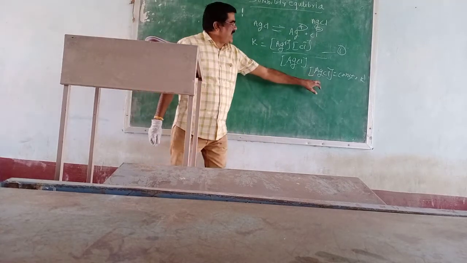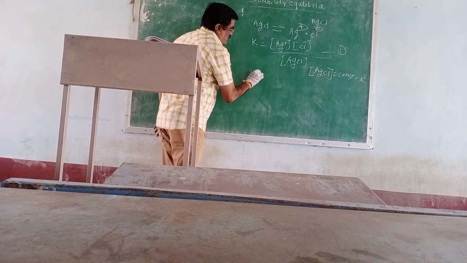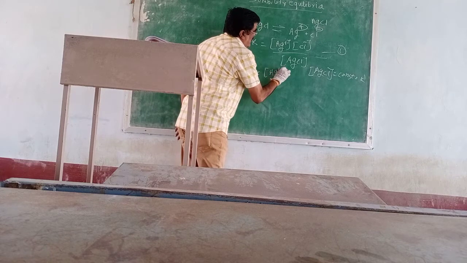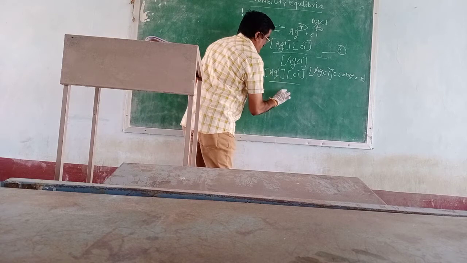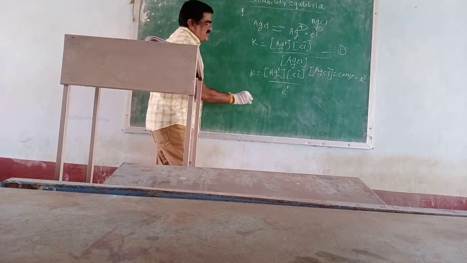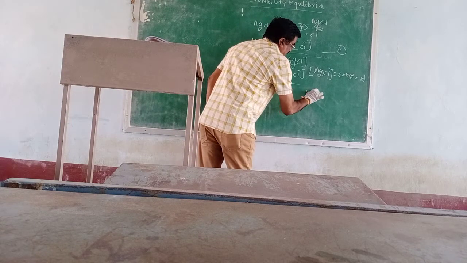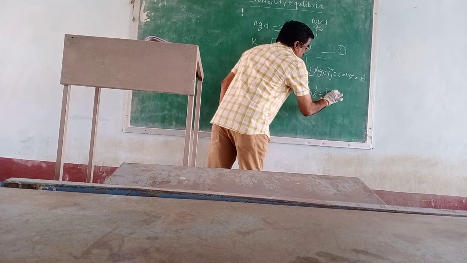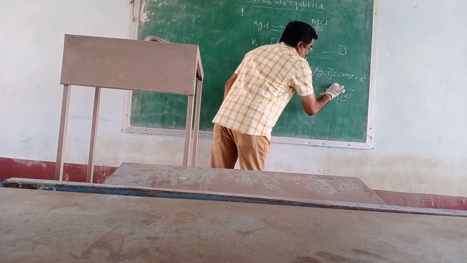Substituting this value into this equation, K will be equal to the concentration of Ag plus into the concentration of Cl minus divided by K dash. Then K into K dash is equal to the molar concentration of Ag plus into the molar concentration of Cl minus.